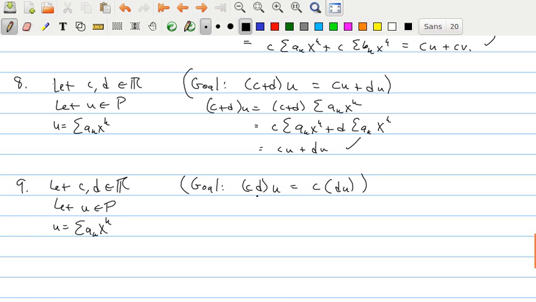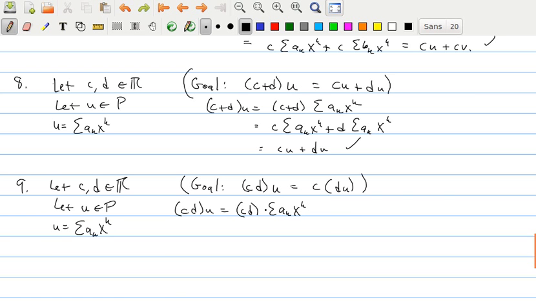So we want to show that we can either multiply the scalars together and then scale the vector, or we can scale by the first scalar multiple and then by the second one. The order shouldn't matter. So let's start out with cd times u. So this is cd times the sum of ak x to the k.